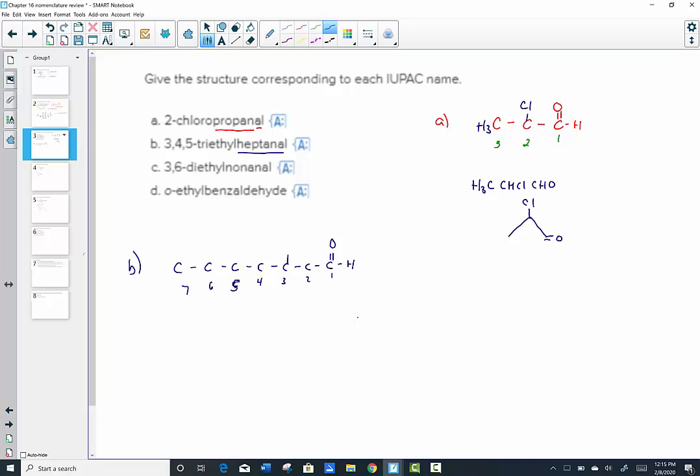At carbon 3 is an ethyl. At carbon 4 is another ethyl. And at carbon 5 is a third ethyl. 1, 2, 3, 4, 5, 6, 7 carbons, where we have a double bond O at the end.